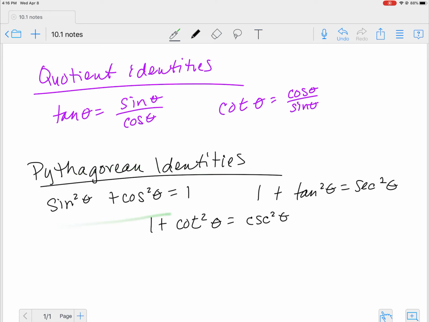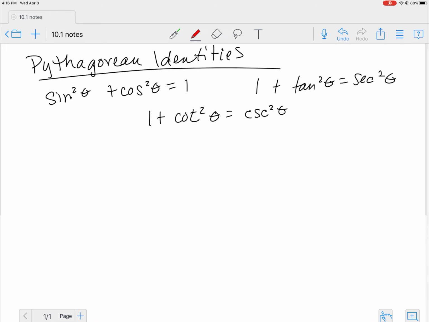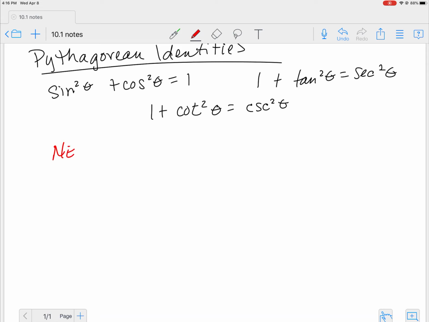And then 1 plus cotangent squared is equal to cosecant squared. All right. So the most common one is sine and cosine, and you saw that with some of your homework, but you also have tangent and secant and cotangent and cosecant. Tangent and secant are buddies, cotangent and cosecant are buddies.